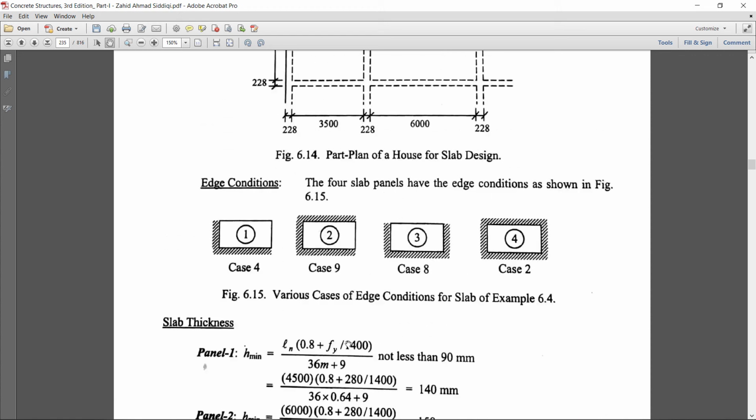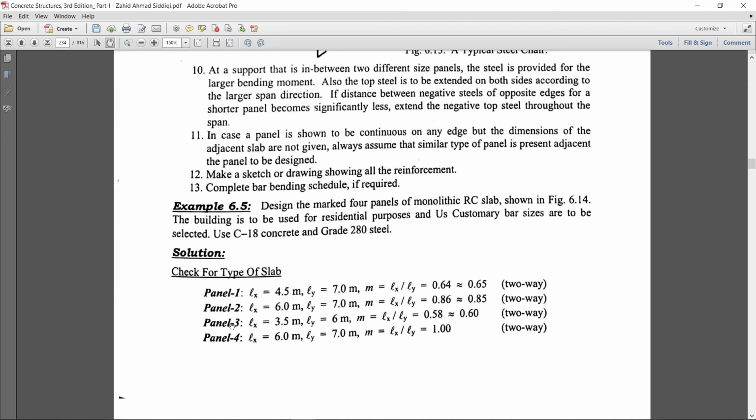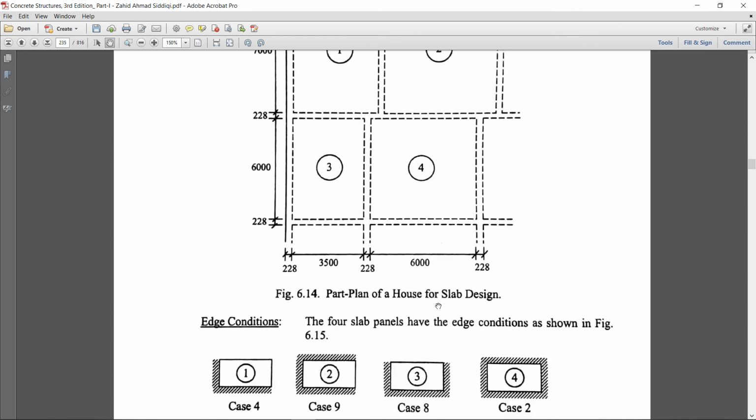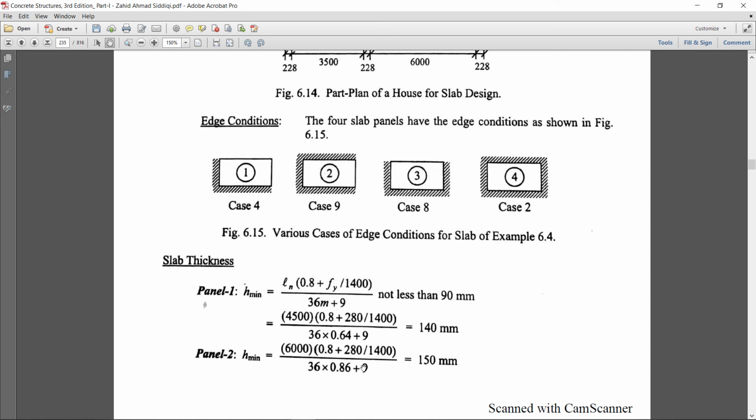I will go back: what is the m value for panel 2? That is 0.86. That is just rounded up for looking up coefficients, but the actual value is 0.86, plus 9. The 9 is in the formula given by the code. h minimum is 150 millimeter.